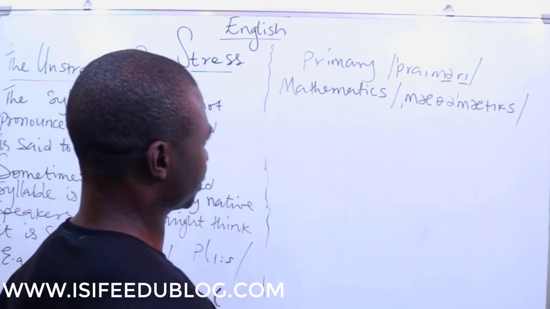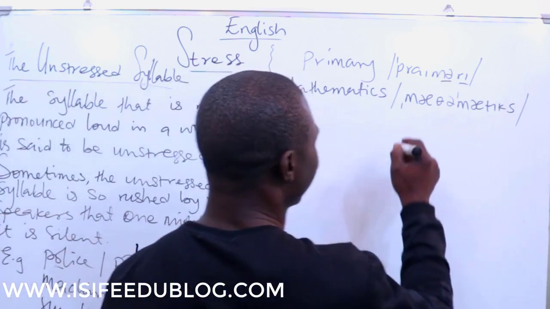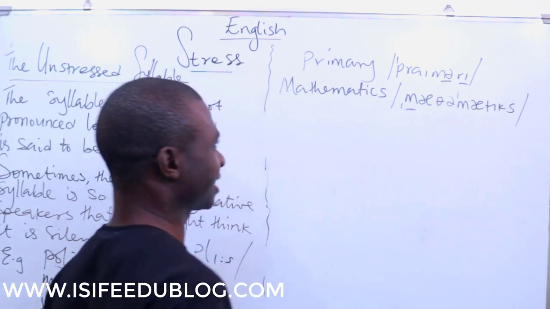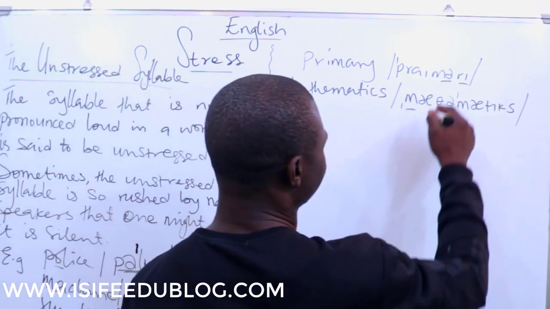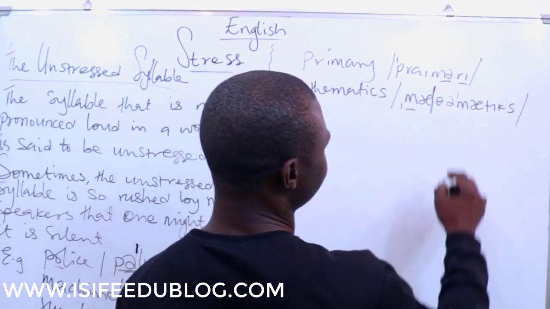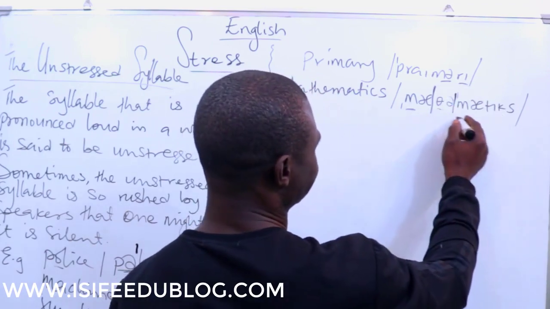Then, mathematics has everything. Mathematics has the first syllable of the secondary stress. That is from here to here. Let's try to divide. This is secondary stress. Then this is unstressed.